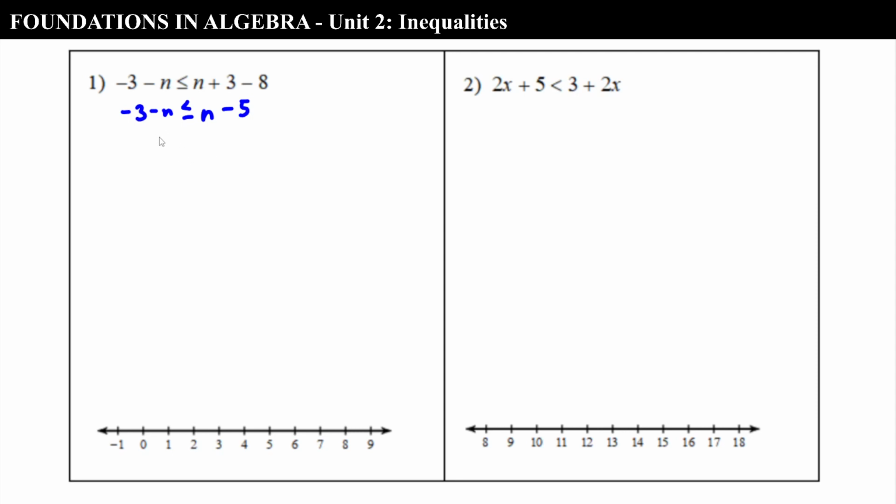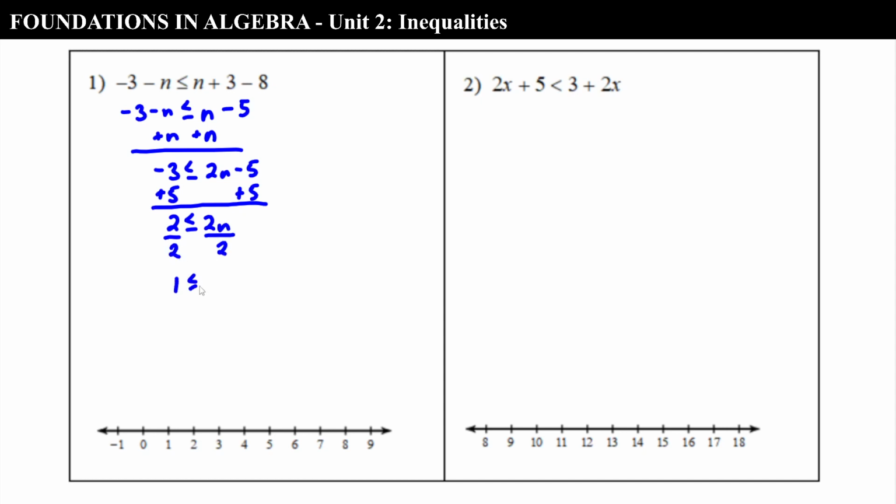So now let's add n to each side, and we get negative 3 is less than or equal to 2n minus 5. We can add 5 to each side, and we get 2 is less than or equal to 2n, and you divide each side by 2, and you end up with 1 is less than or equal to n.